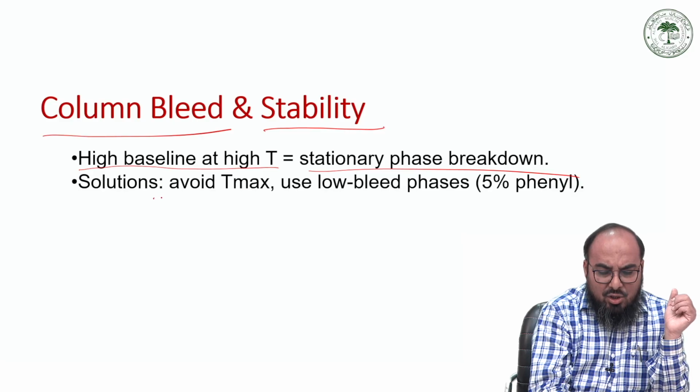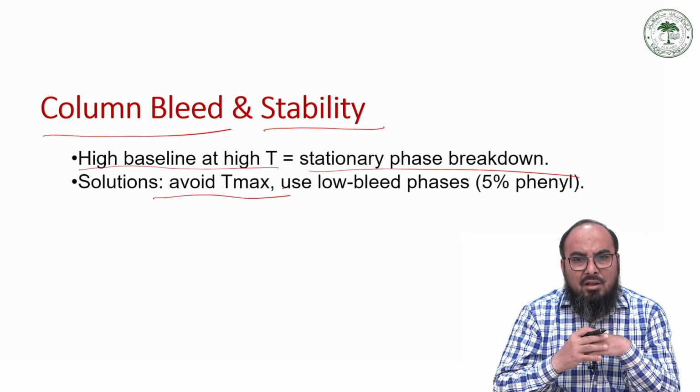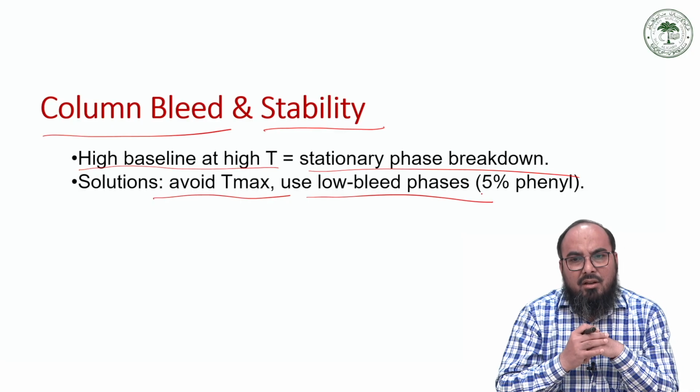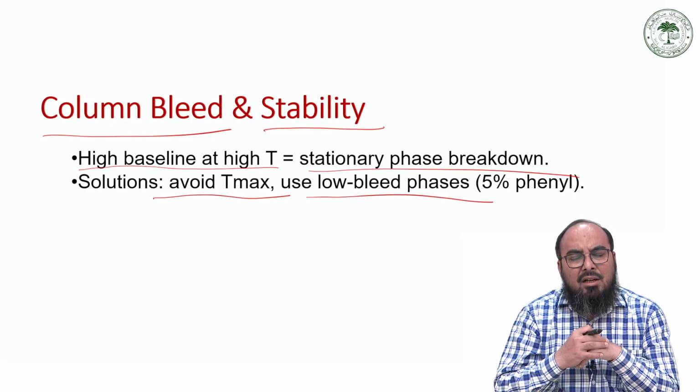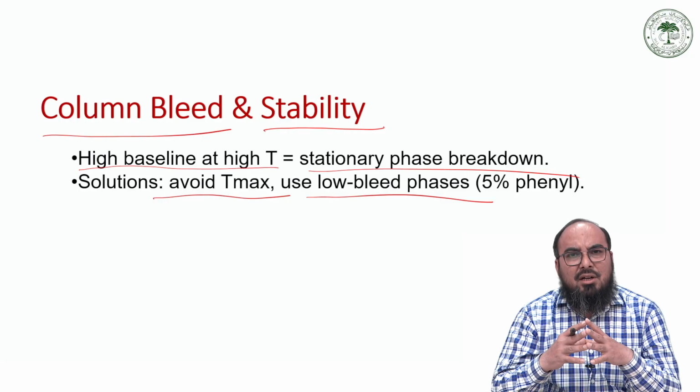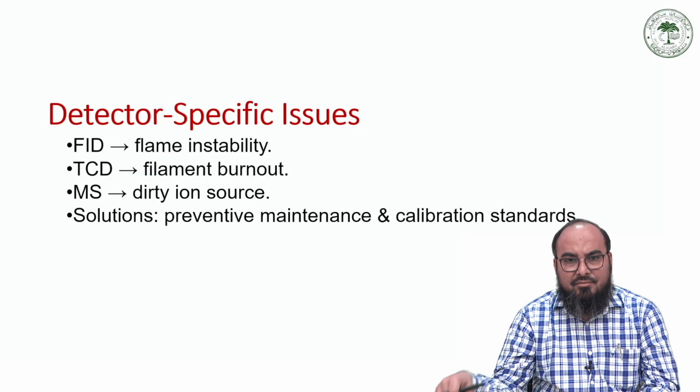So the solution is you have to avoid the maximum temperature and use low bleed phases. For example, if you add phenyl, then you stabilize it more. So you have to work with certain additives so that you get a more stabilized stationary phase.